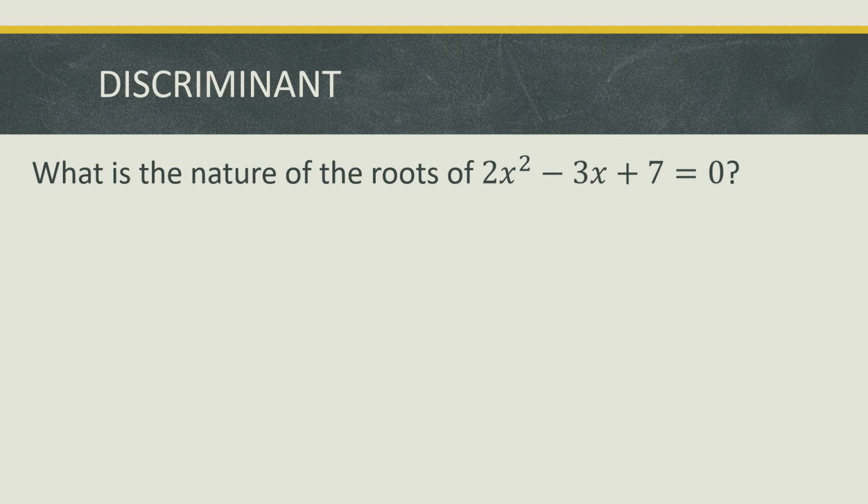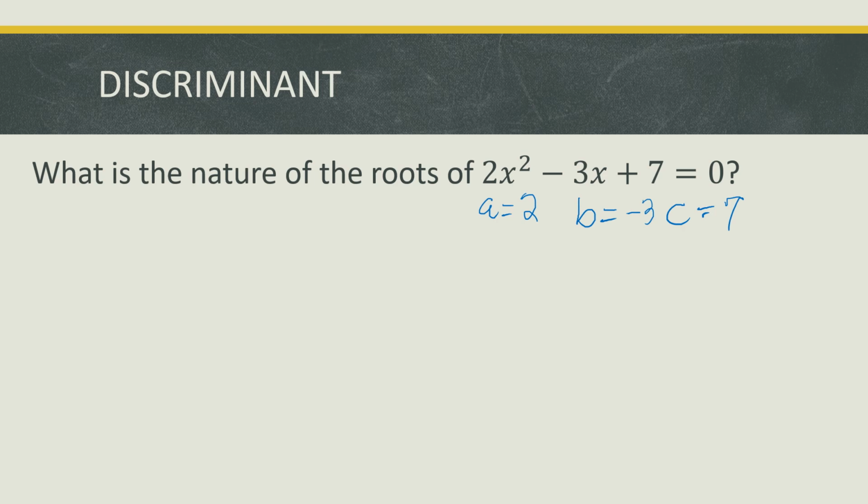Another example. What is the nature of the roots of 2x squared minus 3x plus 7 equals 0? First, know your a, b, and c values. Your a is 2, b is negative 3, and c is positive 7.